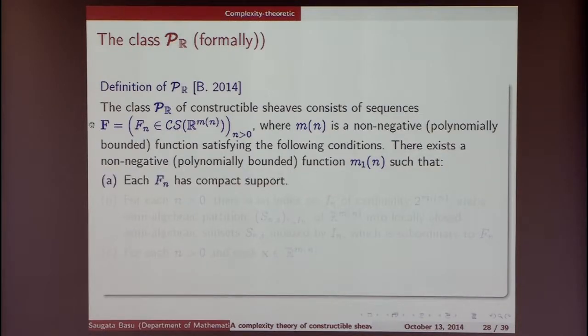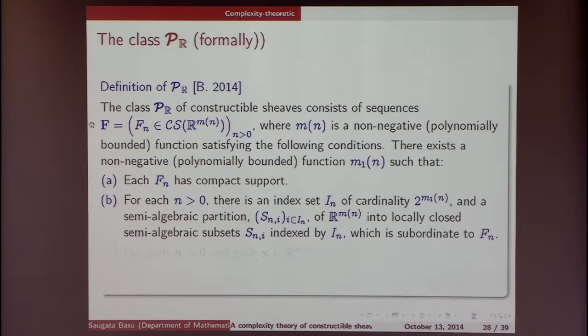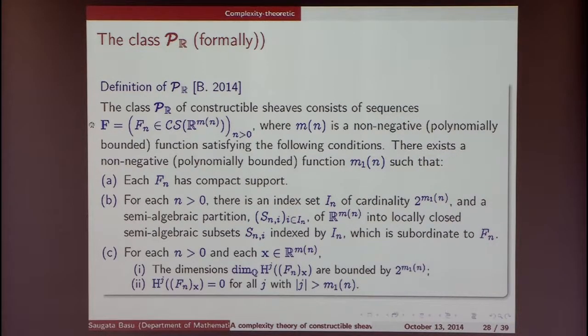So more formally, we say a sequence of sheaves is in this simple class if there exists an index set, which you might as well assume to be all integers from 1 to 2 raised to a polynomial, such that the dimensions of the stalks are bounded singly exponentially and vanish outside some polynomial dimension.